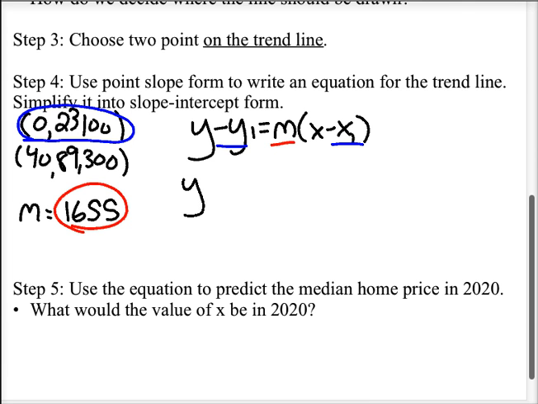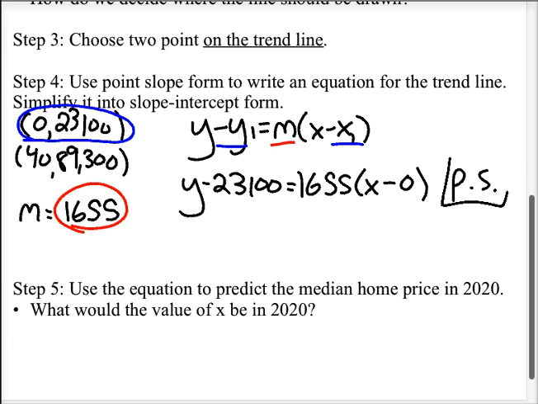So y minus the y value from the point equals the slope, x minus the x value from the point. So remember, that is a point slope equation.